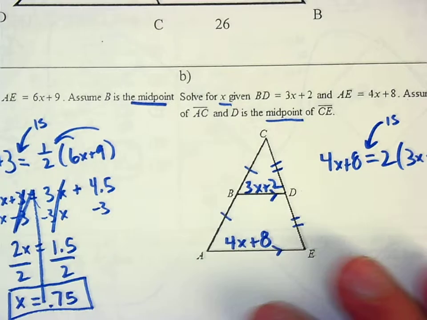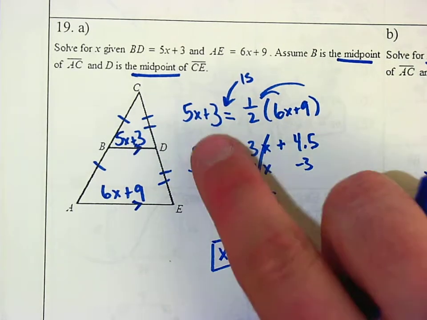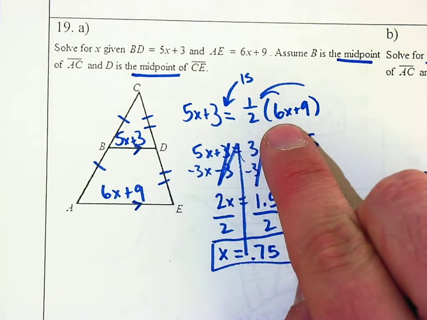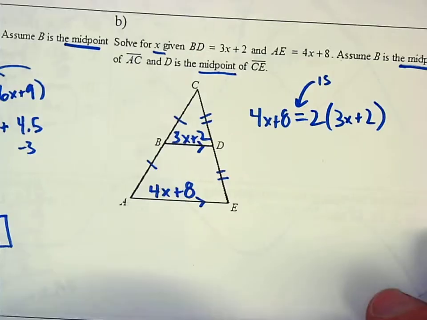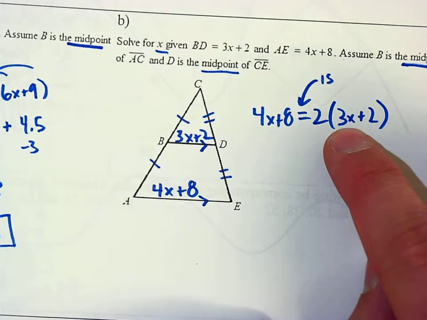Now notice, in the last problem, we did the small is 1/2 of the big. In this problem, we did the big is 2 times the small.